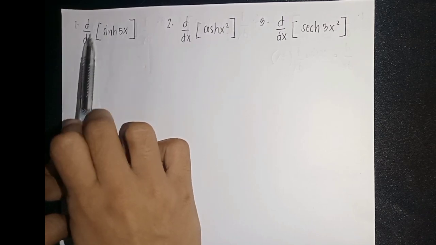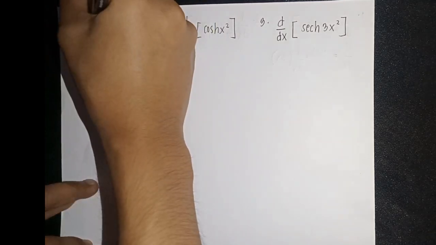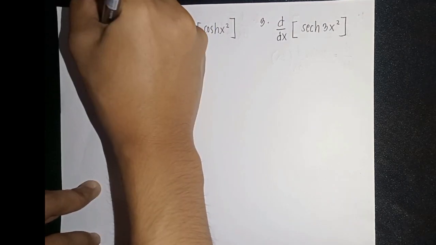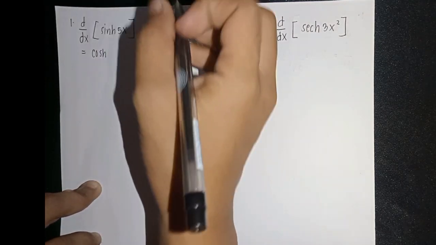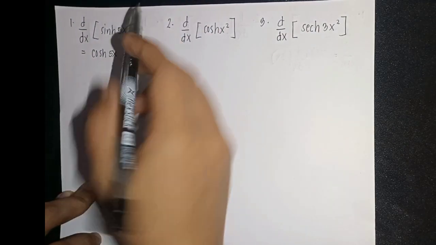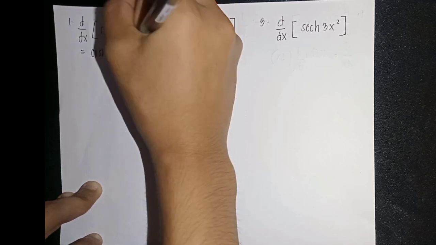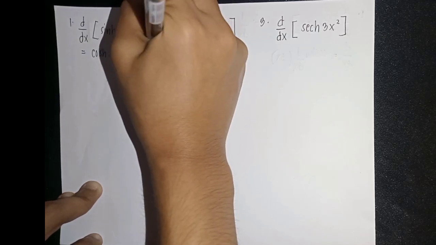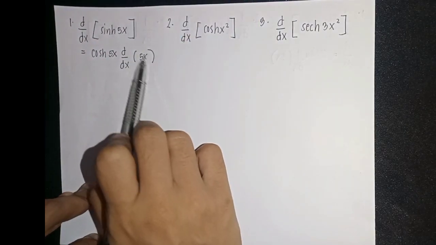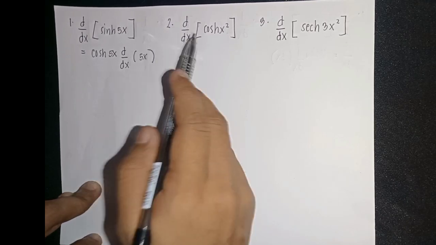So first, we have to write the hyperbolic sine 5x, and for our u, which is the 5x. So what is the derivative of 5x? The derivative of 5x is 5.